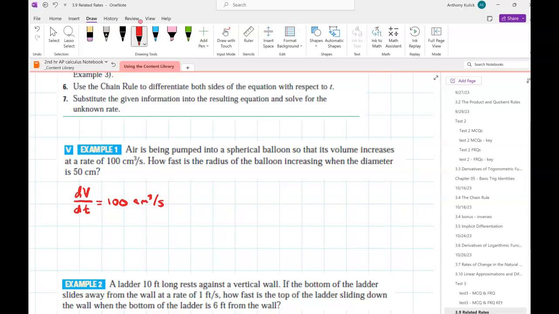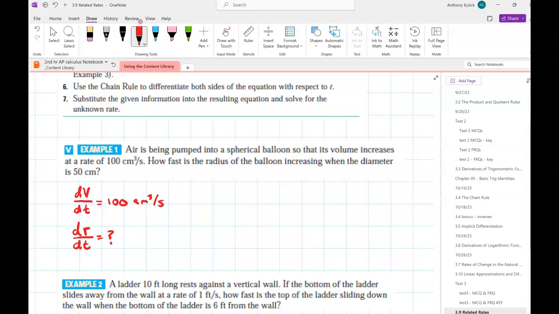Then it asks, how fast is the radius of the balloon increasing? That's the quantity we're looking for. What should we call that quantity? Yeah, I'd call it dr/dt. That's the rate at which the radius is changing with respect to time.